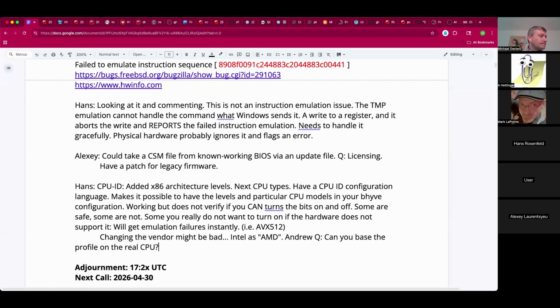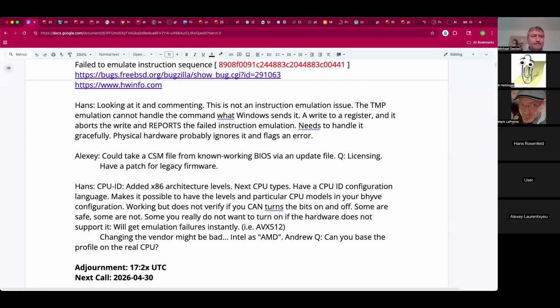So there are definitely features which can be turned on in CPU ID even if the hardware doesn't have it. I guess there won't be that many where this is actually useful, but it would be nice to handle that properly.